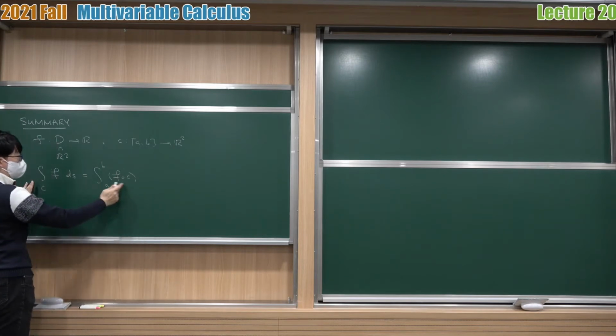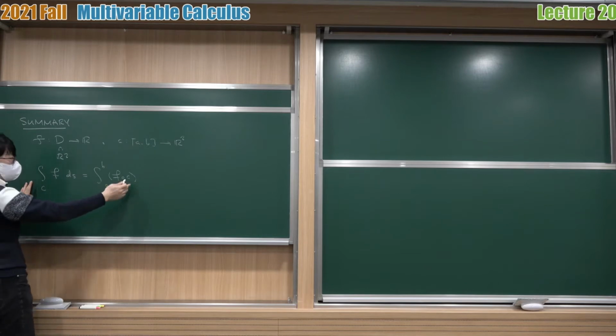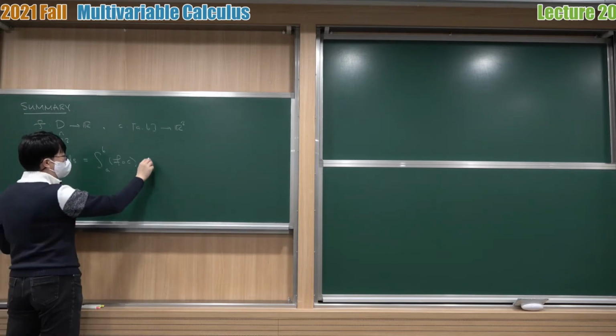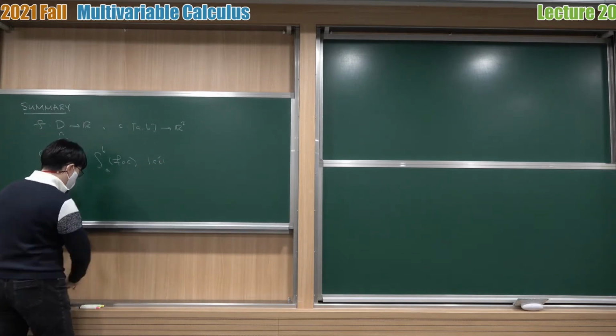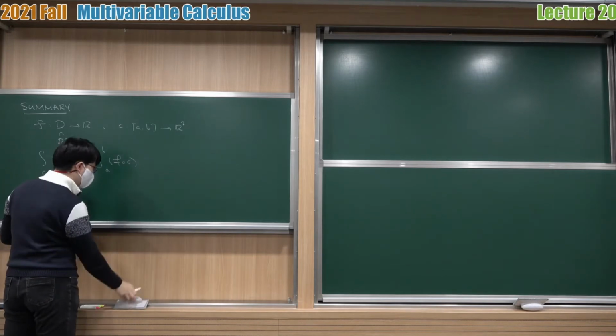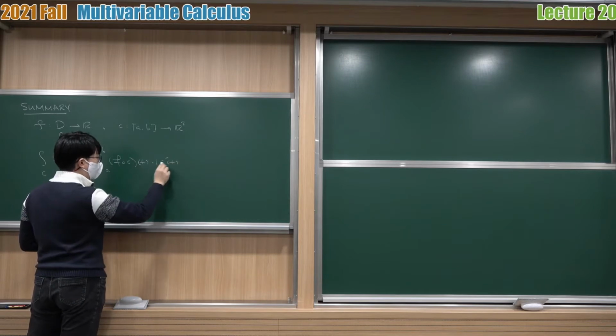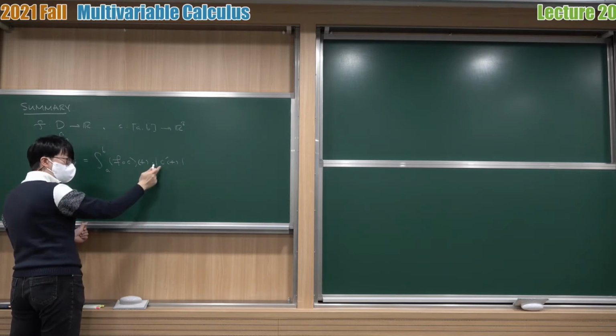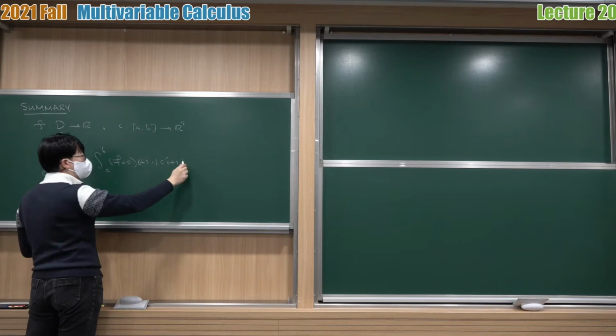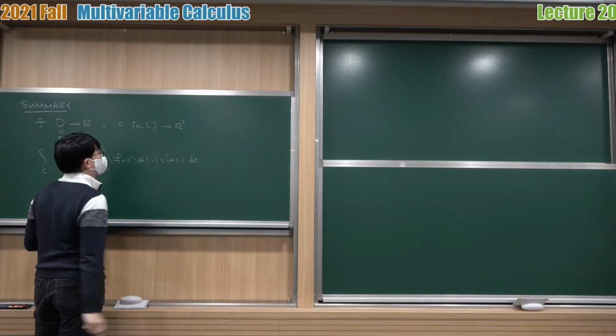So this gives one variable function, and then multiply that with the speed of the parameterized curve C, and then dt. Okay.